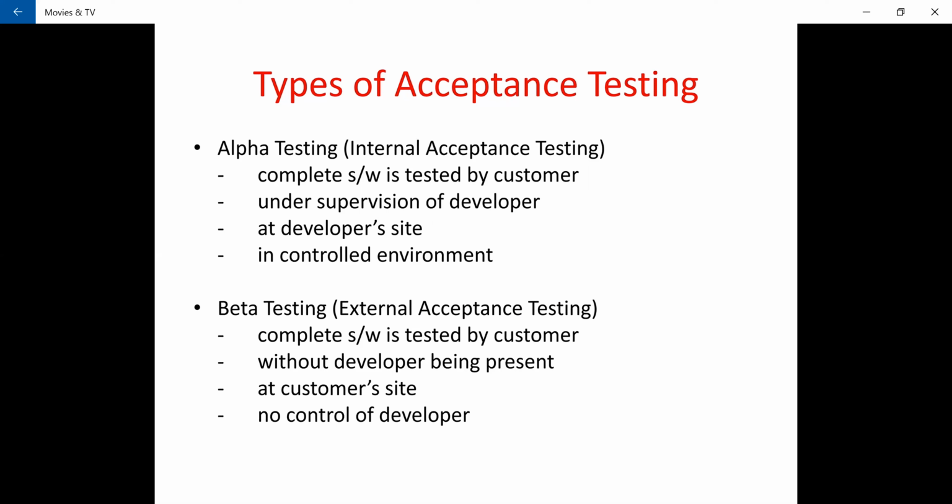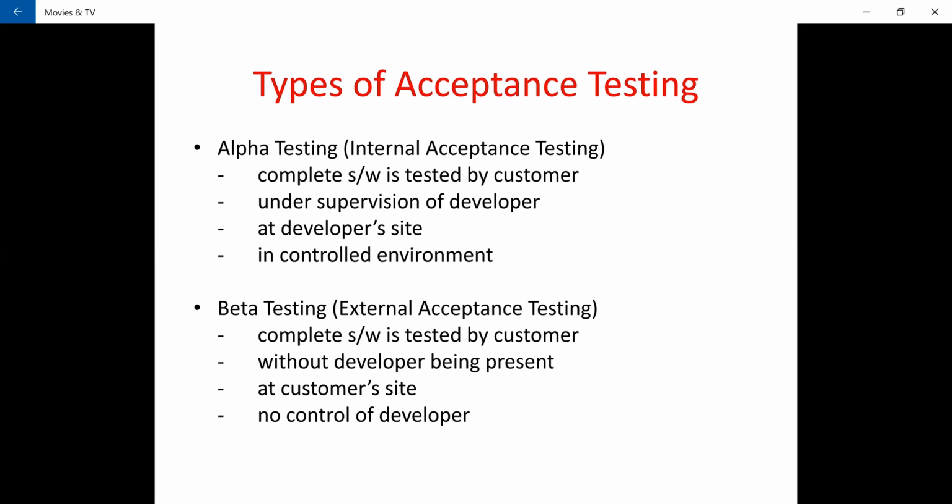Beta testing is external acceptance testing. The complete software is tested by the customer without the developer being present at the customer site.